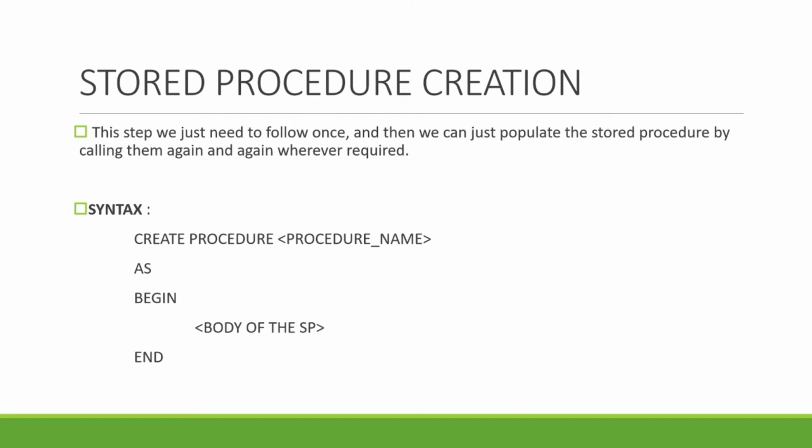The syntax goes like create procedure, procedure name, then as, and after as we write a begin and end, and between this begin and end we write the body. Here the body refers to the particular query that we want to reuse. All the reusable code comes under the body and the rest of the part is the same. This is the general syntax of any stored procedure, and inside the body you can enter anything you want to reuse.